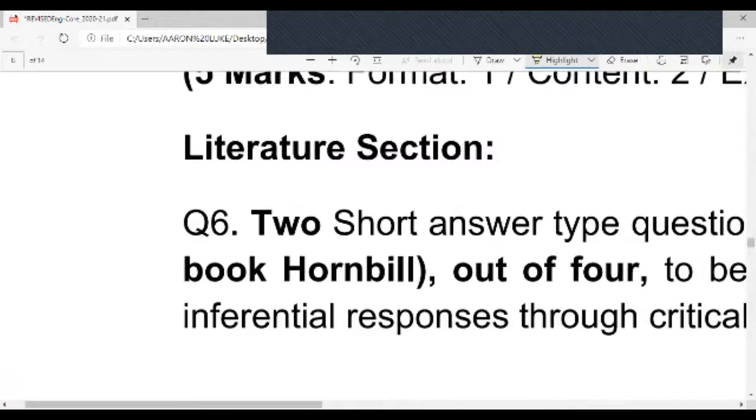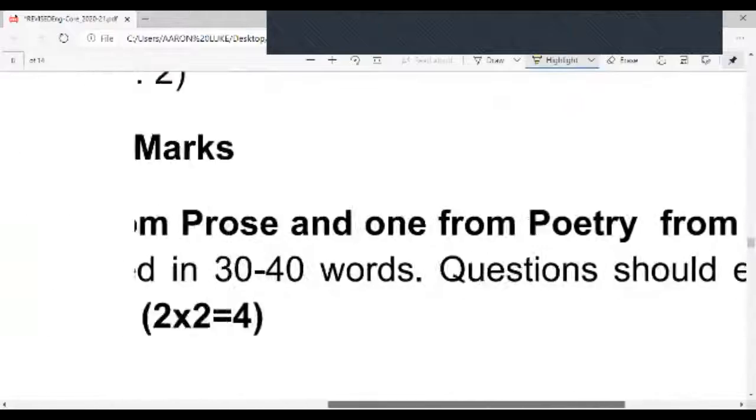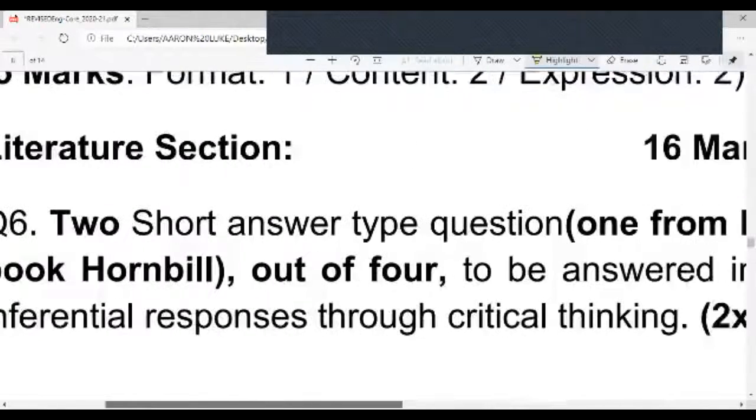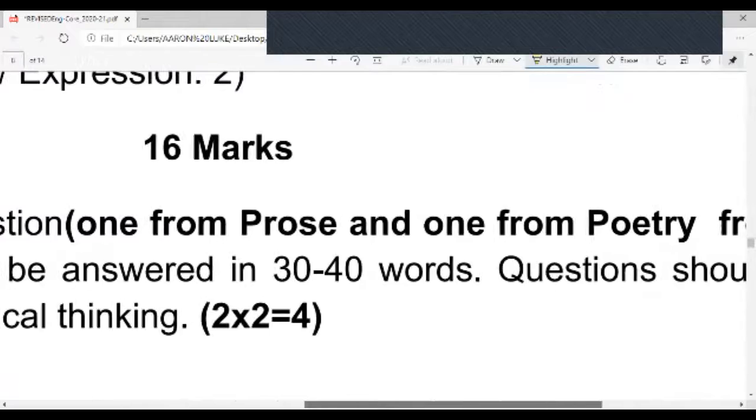Now, question number 6 of your question paper of part B contains questions from literature. These are not MCQ type questions, but descriptive kind questions. So, two short answer type questions, one from prose and one from poetry, from the book Hornbill, out of the 4 to be answered in 30 to 40 words.